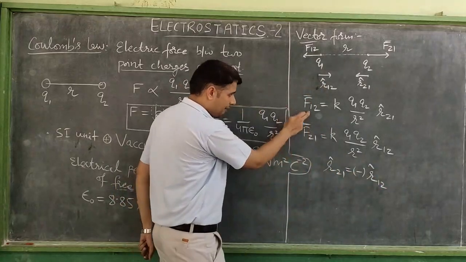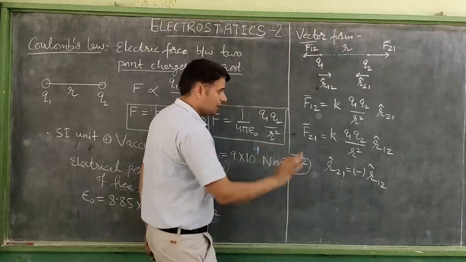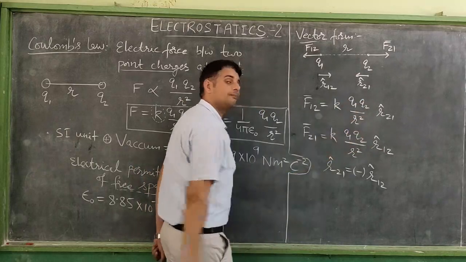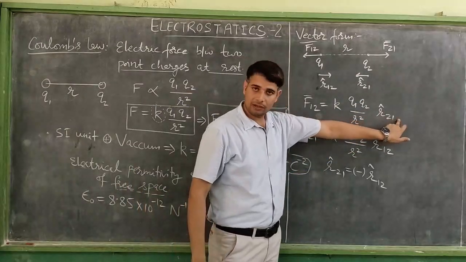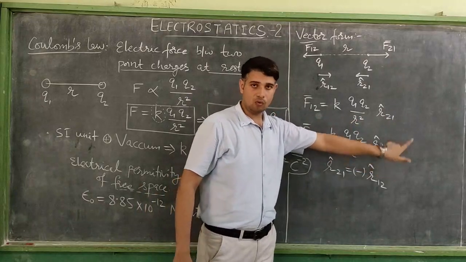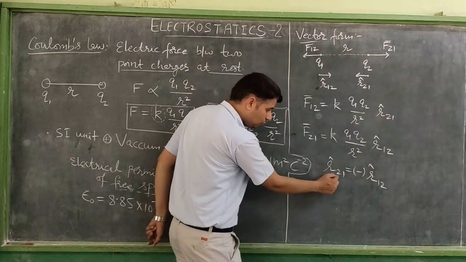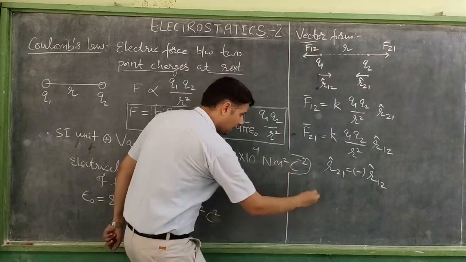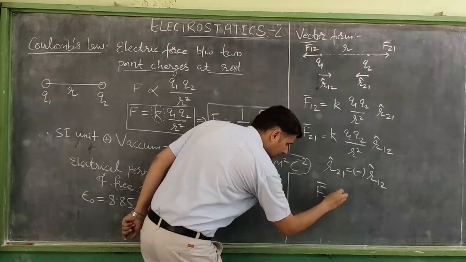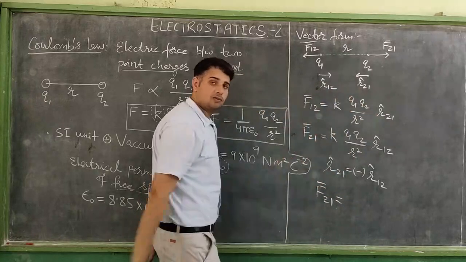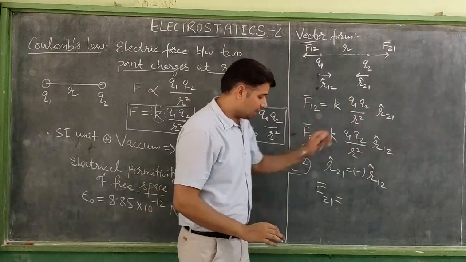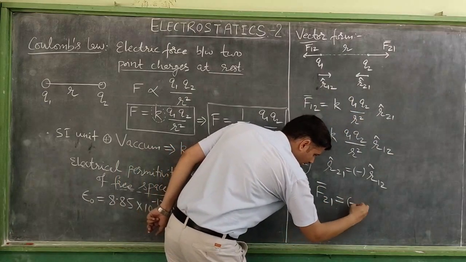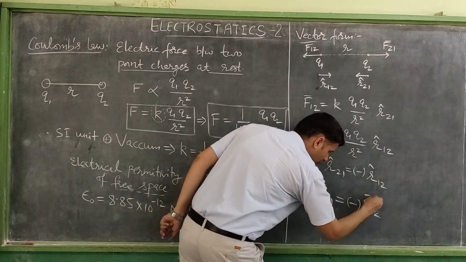Now if we compare this F12 vector and F21 vector, you just think this whole stuff K Q1 Q2 divided by R square is simply common only. What is the difference? Difference is R21 cap here, but here this is R12 cap. So by using this fact, that this direction is opposite to this direction, we can safely write that F21 vector, since magnitude is same only, it is common, so direction we have to think, F21 vector is nothing but equal to negative of F12 vector.